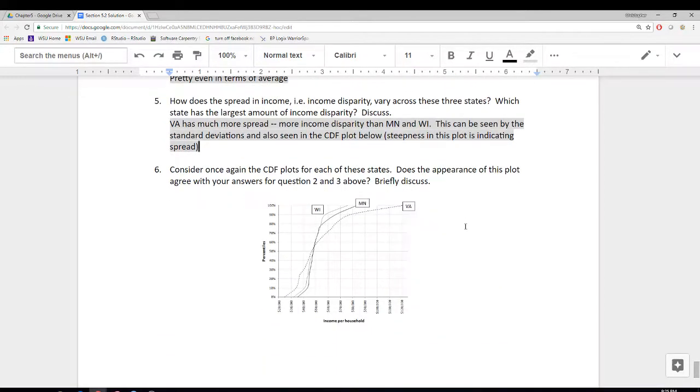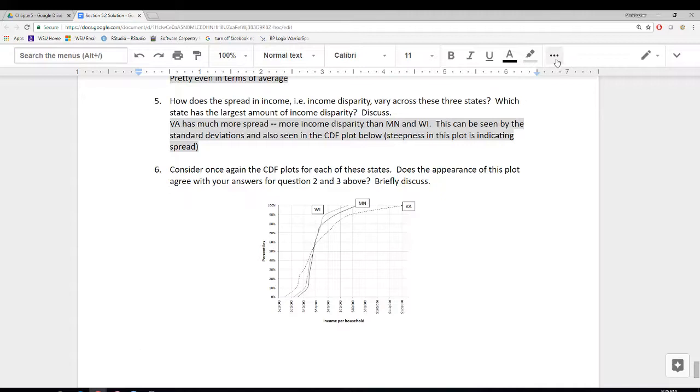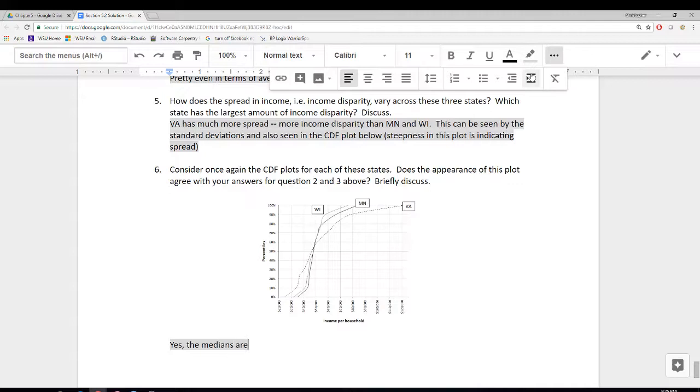So does the appearance in this plot agree with the answers in 2 and 3 up above? I think it does. Let's just go ahead and finish this one out. So yes, the medians for all three states are pretty similar.